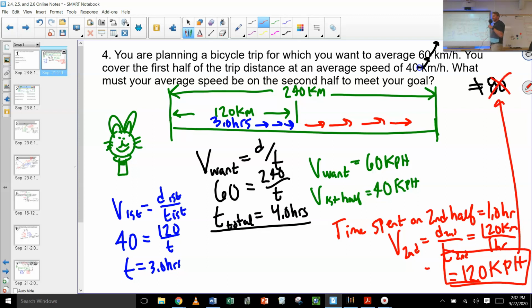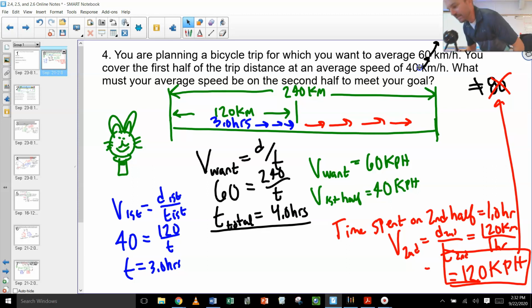Not 80. Total displacement divided by the total time. So, these problems, which on their surface seem very simple, and simple is a very dirty word, always think about when it's asking for the average speed, it's the total displacement divided by the total time.